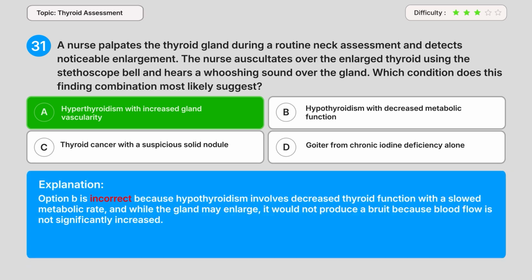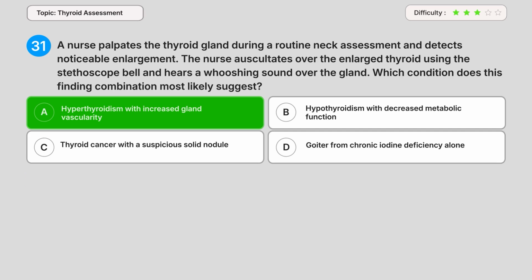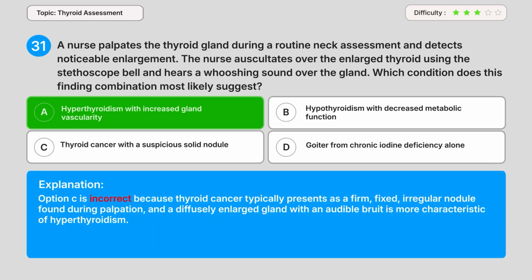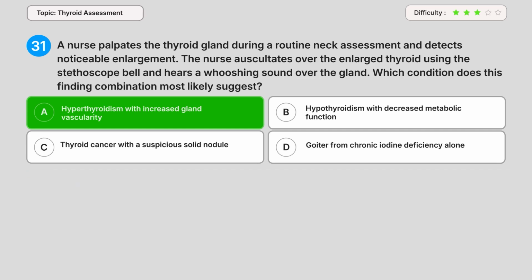Option B is incorrect because hypothyroidism involves decreased thyroid function with a slowed metabolic rate. And while the gland may enlarge, it would not produce a bruit because blood flow is not significantly increased. Option C is incorrect because thyroid cancer typically presents as a firm, fixed, irregular nodule found during palpation, and a diffusely enlarged gland with an audible bruit is more characteristic of hyperthyroidism.